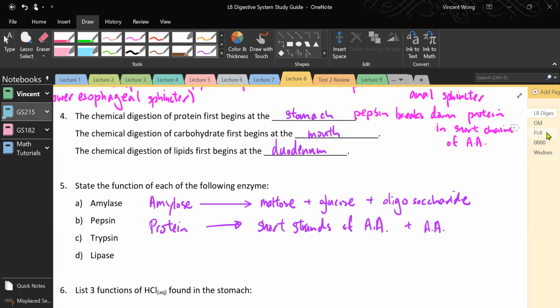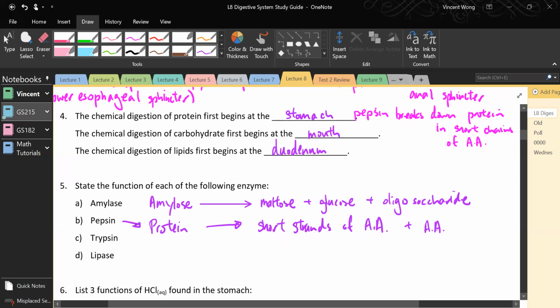Okay, trypsin does the same thing. Pepsin and trypsin, they're cousins. They're related in terms of functions. And then lipase, we start with the lipid, which it will break down into glycerol plus fatty acids. That's what it will do.